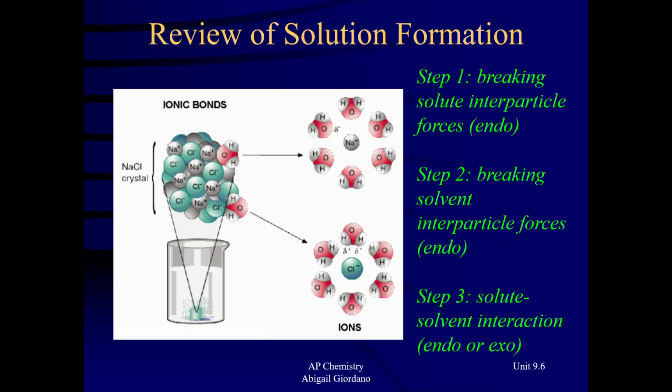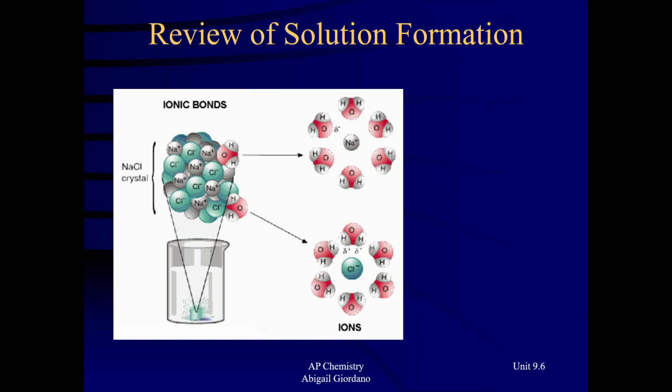Or, if solute and solvent don't have a super strong attraction for one another, and step 3 is endothermic, then when we add all three together, it's definitely going to be overall endothermic. So it's really that third step that determines whether the overall change in heat for the dissolution process is going to be endo or exo. It depends.